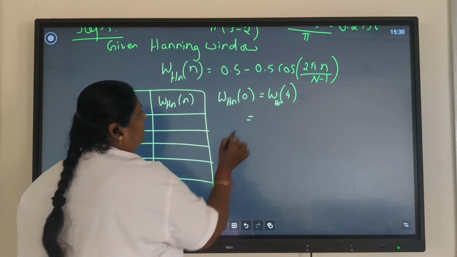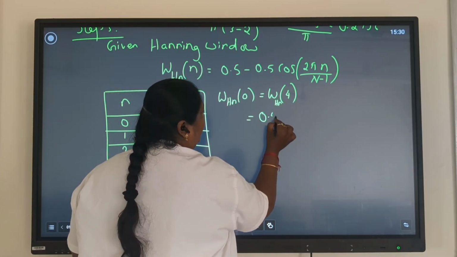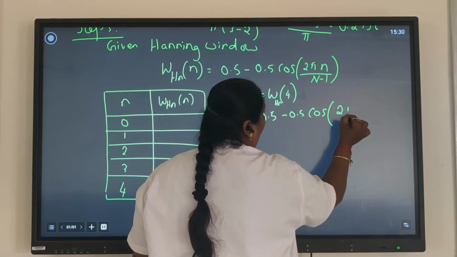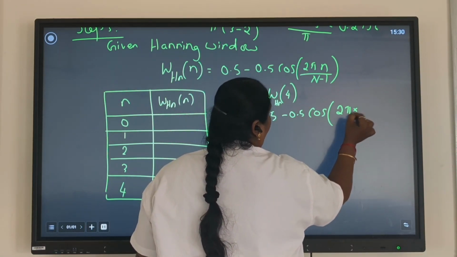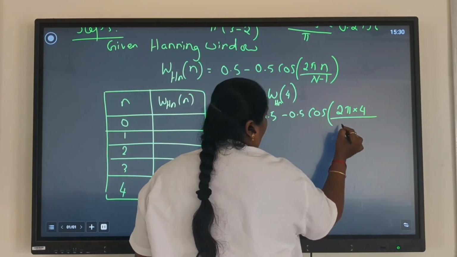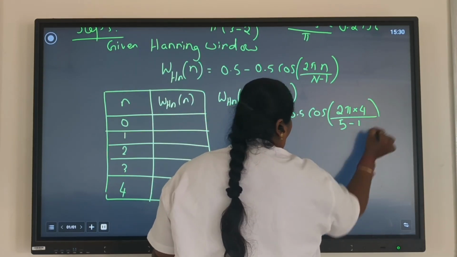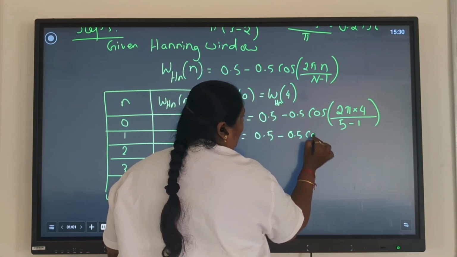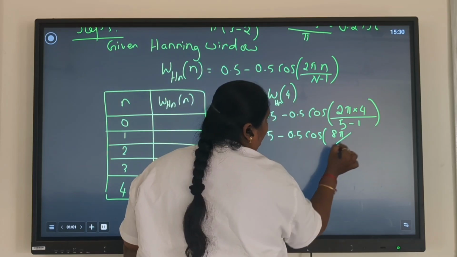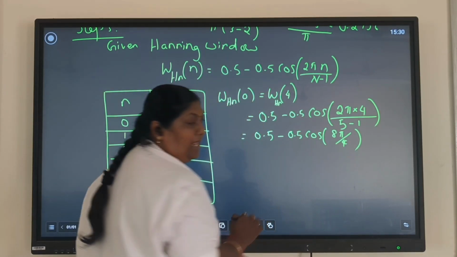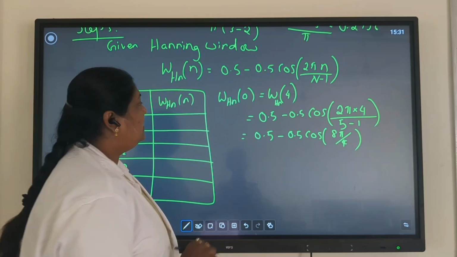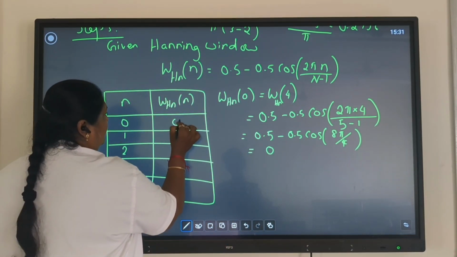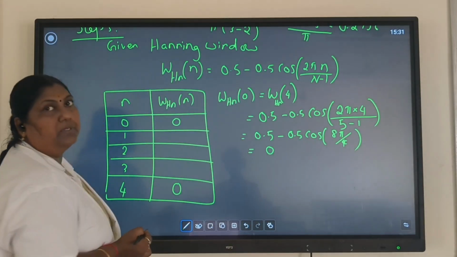So let me substitute 4 in this formula. So 0.5 minus 0.5 cos of 2 pi into 4 divided by capital N is 5, so 5 minus 1. That is 0.5 minus 0.5 cos of 8 pi by 4. Using calculator, this value is equal to 0. So I can write these two values equal to 0.